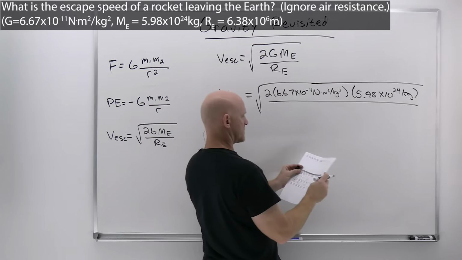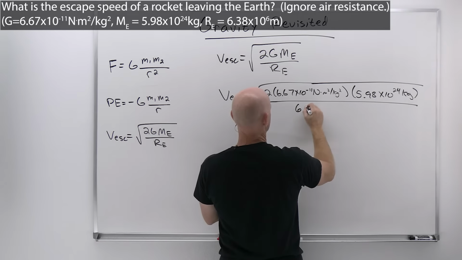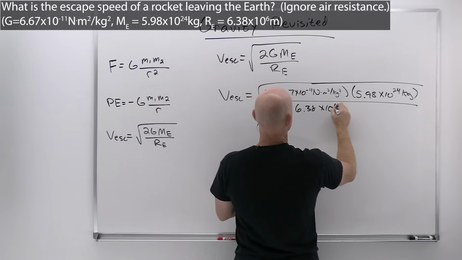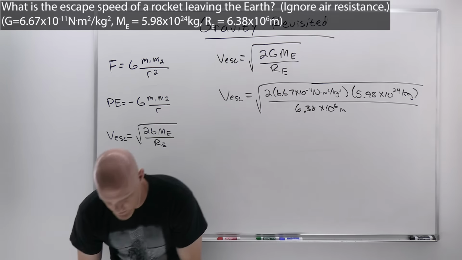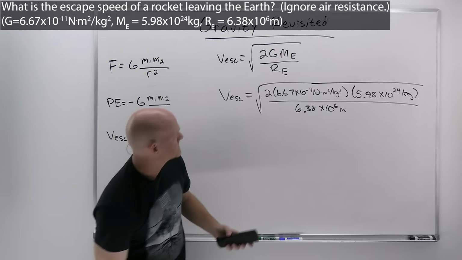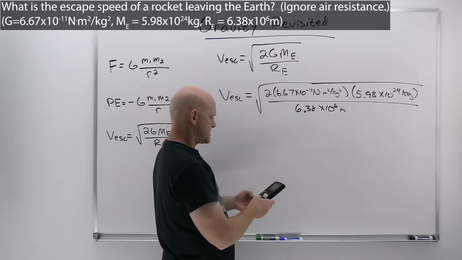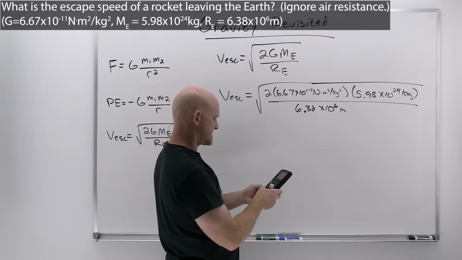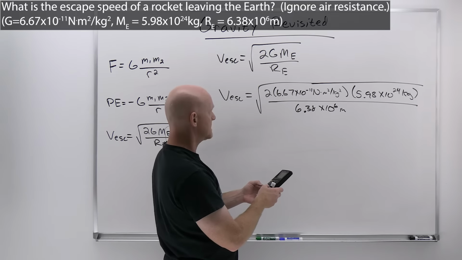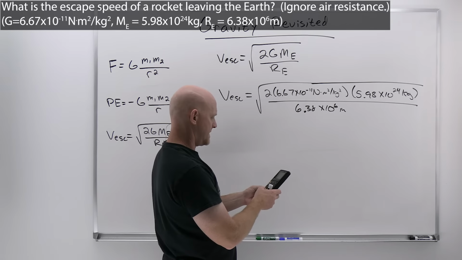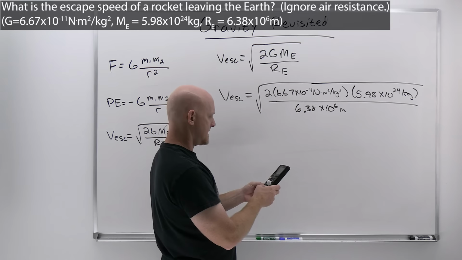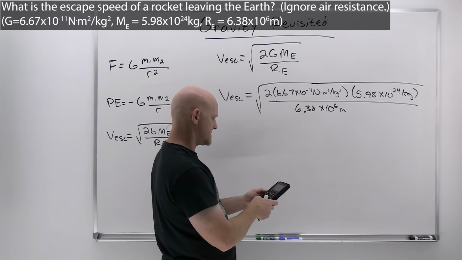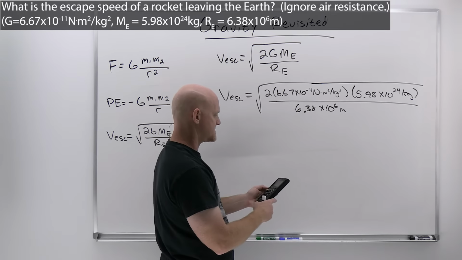All right, same radius here as we've been using, 6.38 times 10 to the 6th meters. We'll let the calculator do our heavy lifting once again. So 2 times 6.67 times 10 to the negative 11 times 5.98 times 10 to the 24th divided by 6.38 times 10 to the 6th equals, and we'll take the square root of that answer.